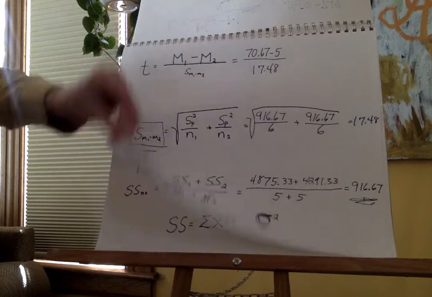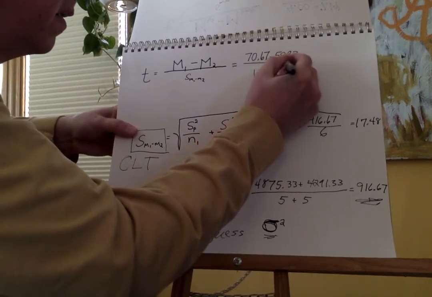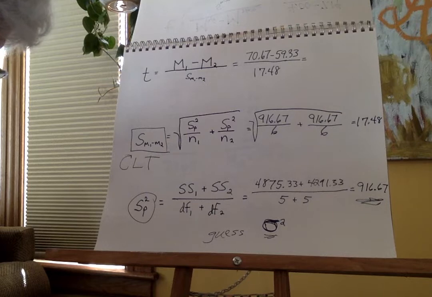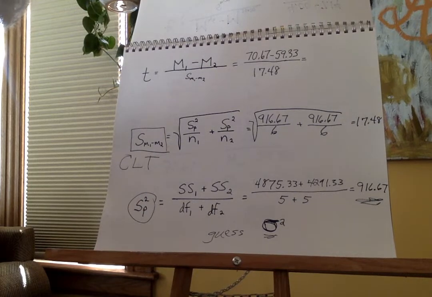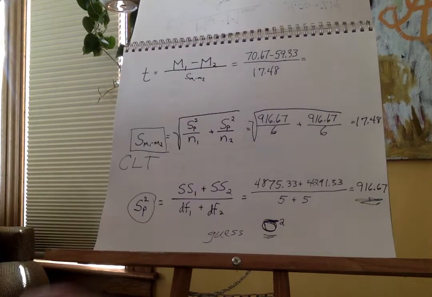Is it 59.33? 59.33. Divided by 17.48. So let's do that. 70.67 minus 59.33 equals 11.34 on the top, divided by 17.48.